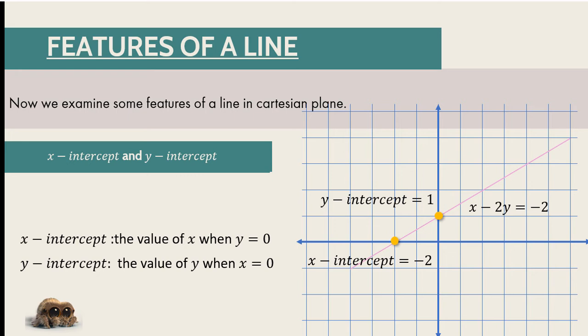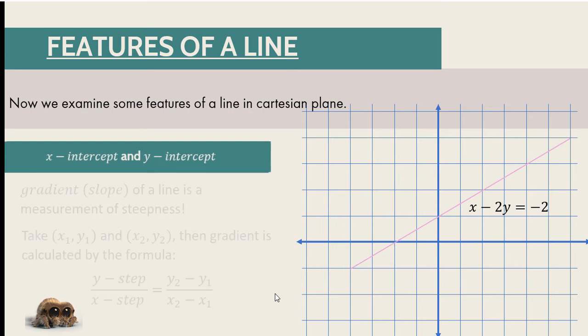You can see that the x and y intercepts are actually the coordinates of the points that are the positions where the line passes through the axes. Can you see that? The y-intercept is where the line passes through OY, and the x-intercept is where the line passes through OX.